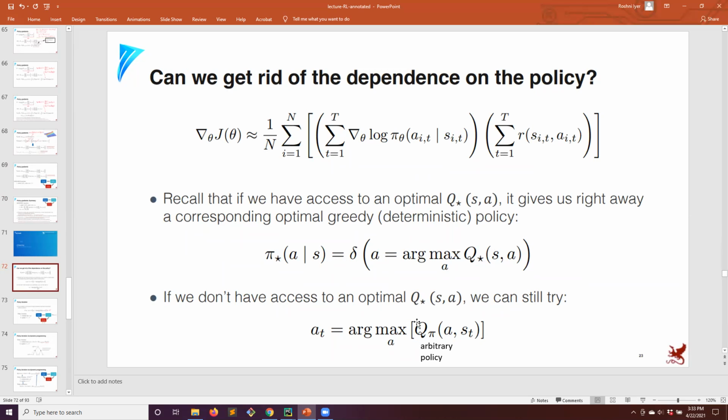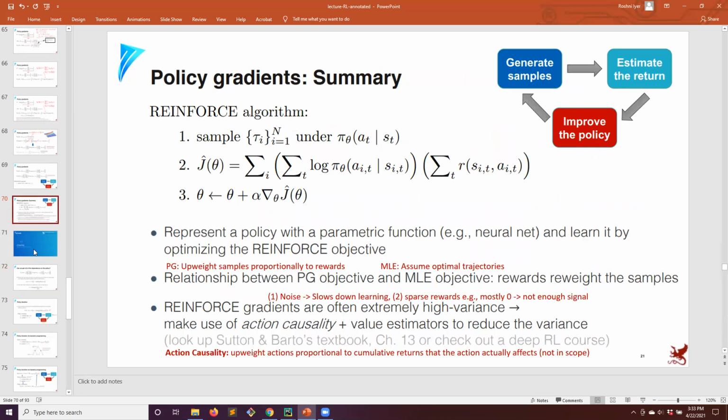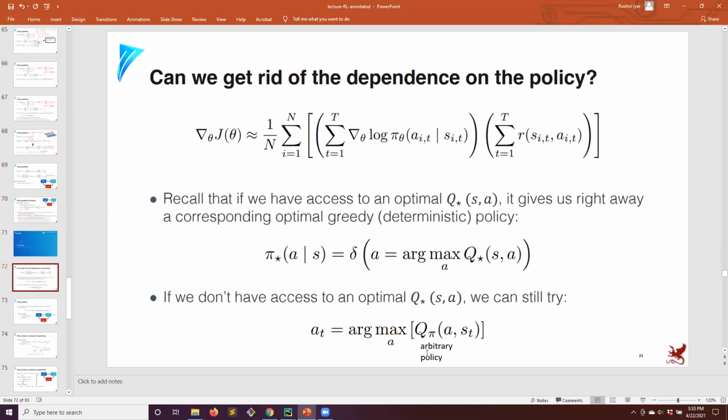We can, for now, just assume an arbitrary policy, which is Q of pi here, and then converge to the optimal. So just like we were improving the policy, we can do something like that here, where we're iteratively improving this Q.